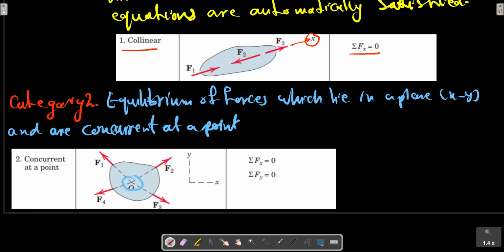For example, this point O in this picture, requires the two force equations only.